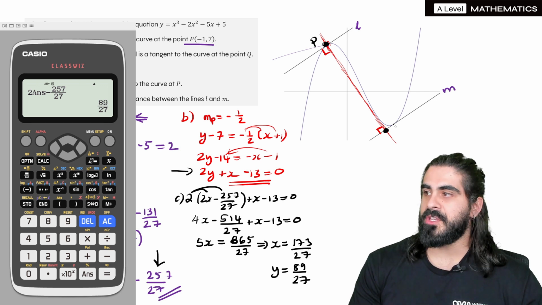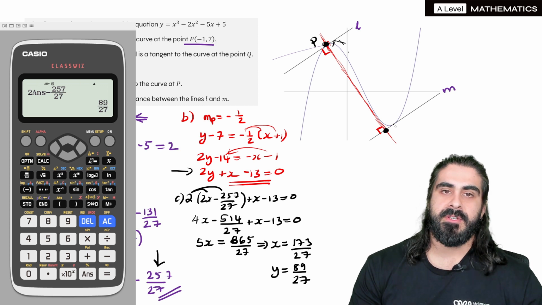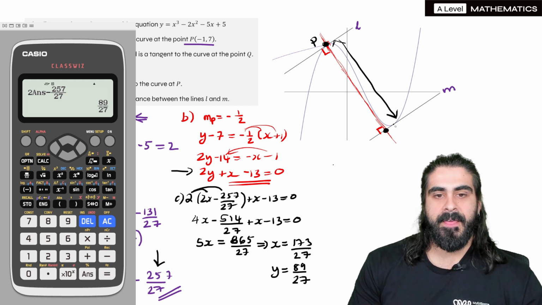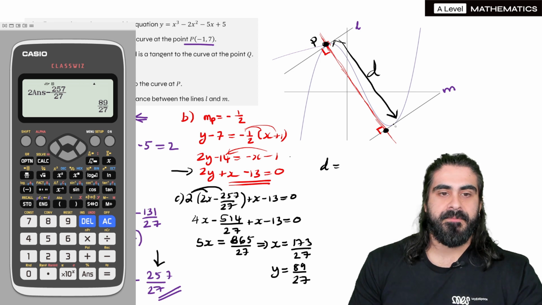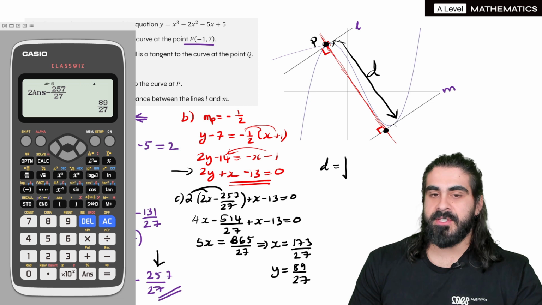Now that's the coordinate on the other side of the graph. The last thing we need to do is find the distance between those two coordinates. Well, for that, if I just call it d, the distance d is we just do Pythagoras after subtracting the coordinates. So I'm just going to do it all in one step.